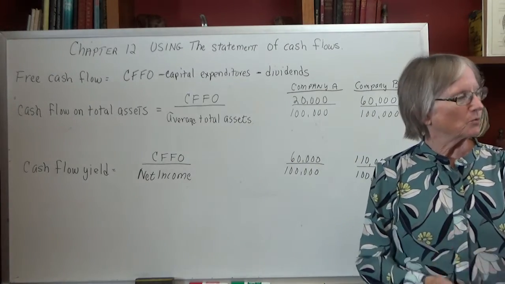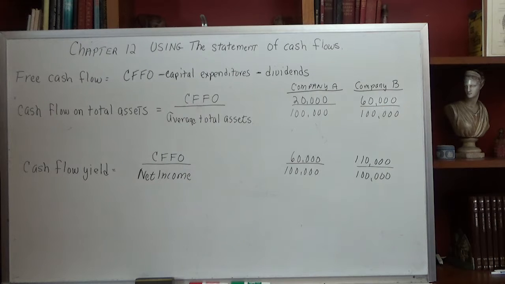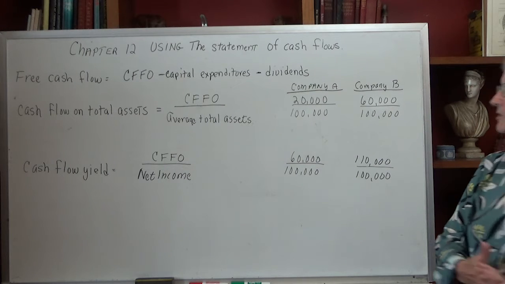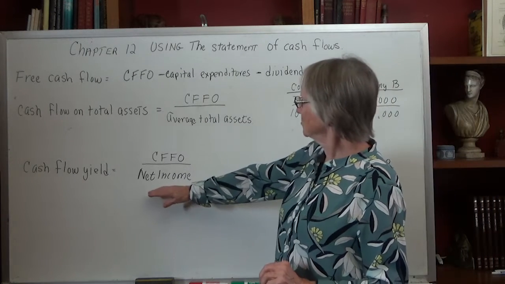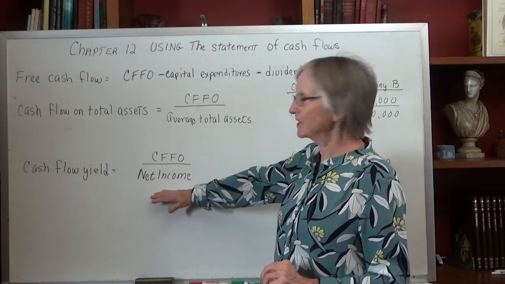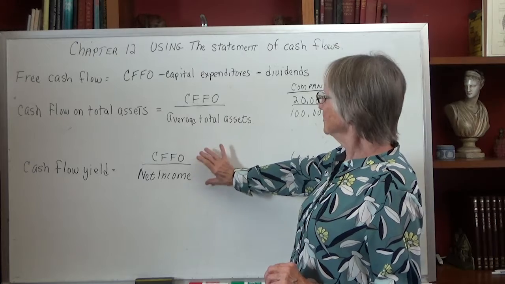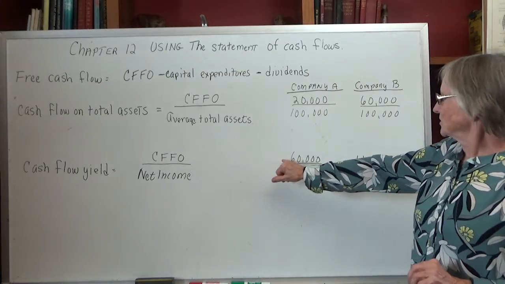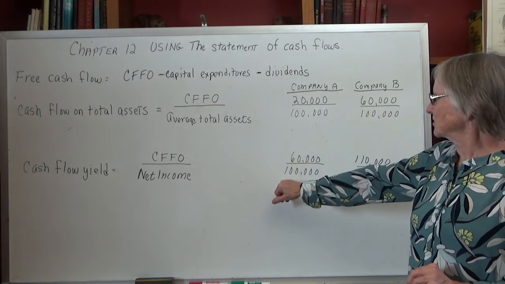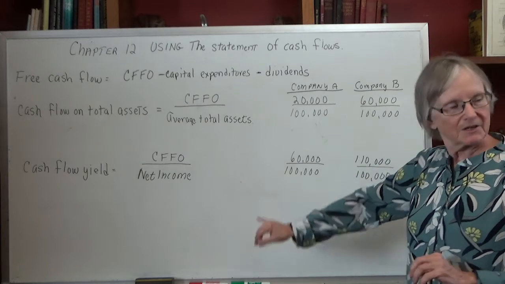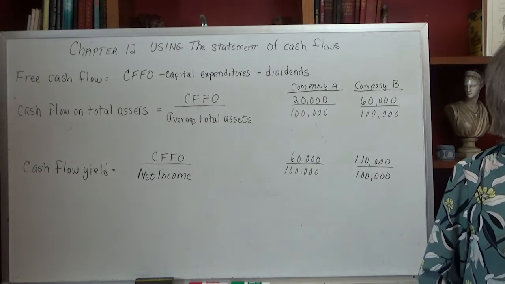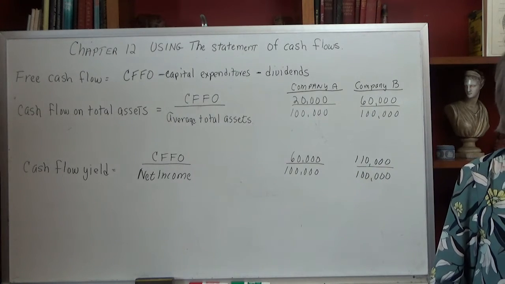You want to ask yourself, well, why is it different? Because if you remember, you've got things like depreciation expense that make a difference, and you could have a lot of accounts receivable and sales revenue that are increasing your net income, but you're not collecting the receivables. So if you've got a low cash flow from operating activities and a higher net income, you just want to see what's going on there.